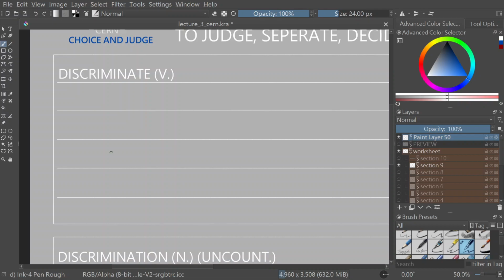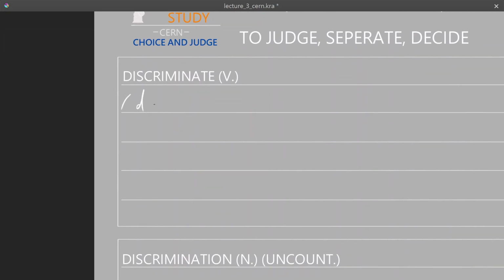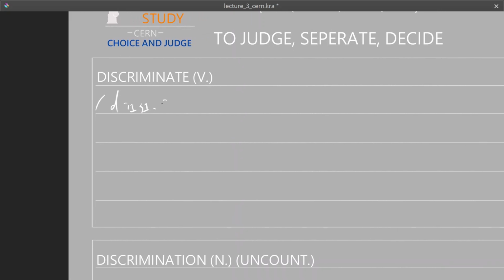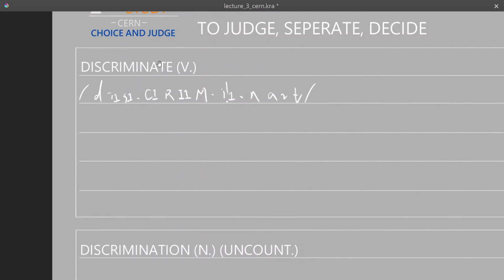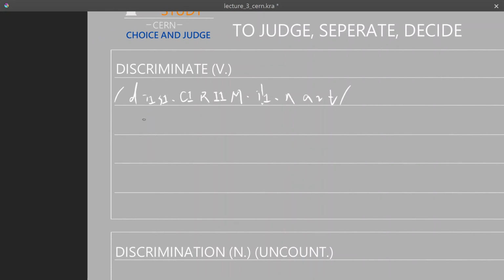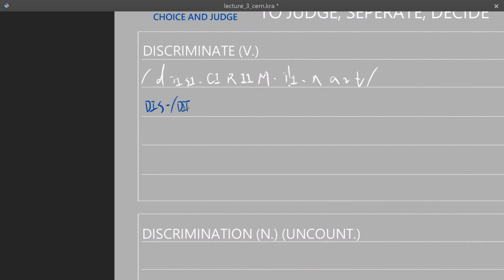Next one is discriminate. Again, we have the prefix, meaning not or apart.